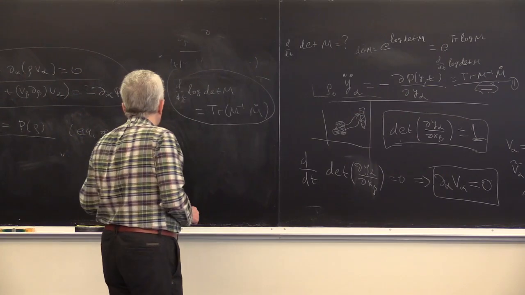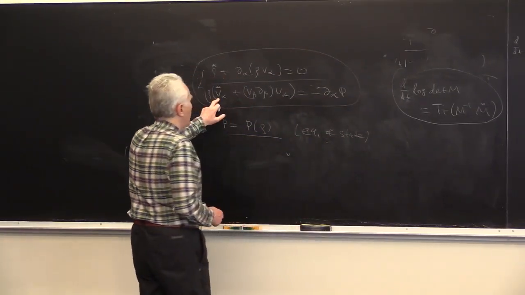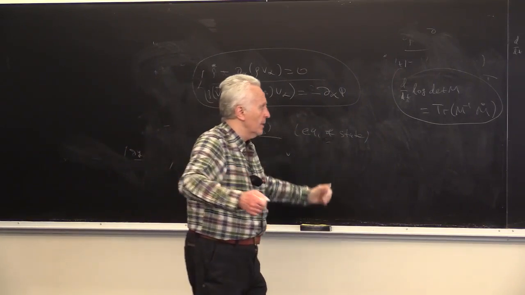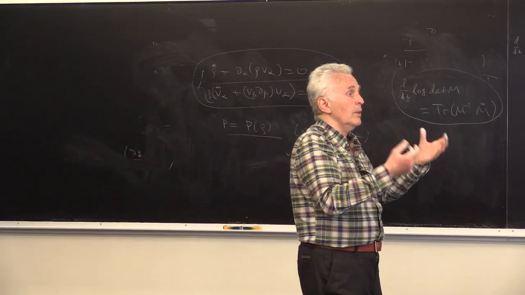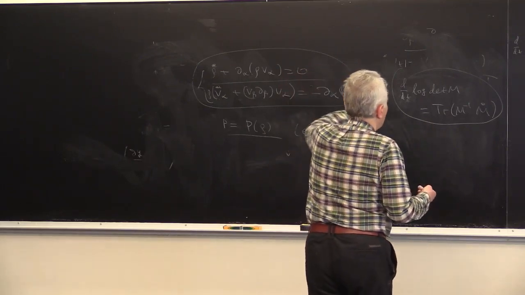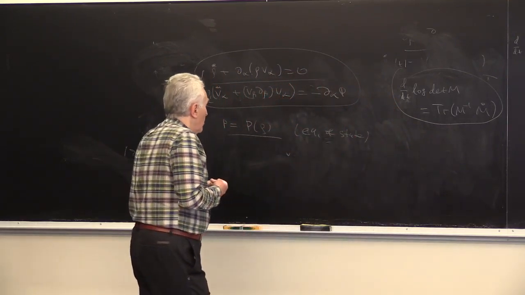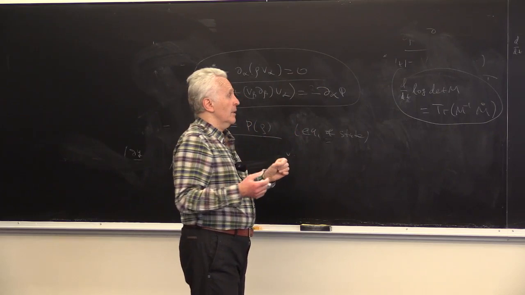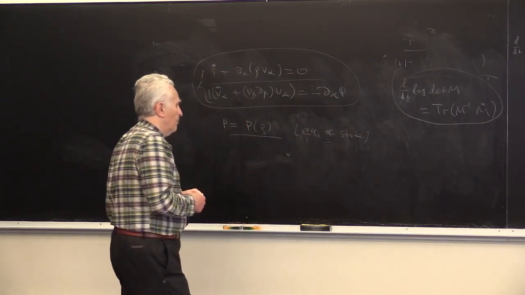Now we need the characteristic time in our problem, defined by velocity and the size. So we have the size of the fluid, we have the velocity of the fluid, and the characteristic time is the size divided by the velocity. This time must be much greater than the relaxation time.